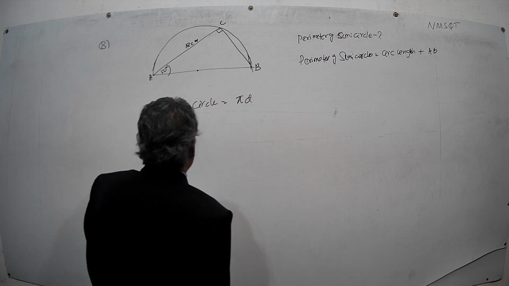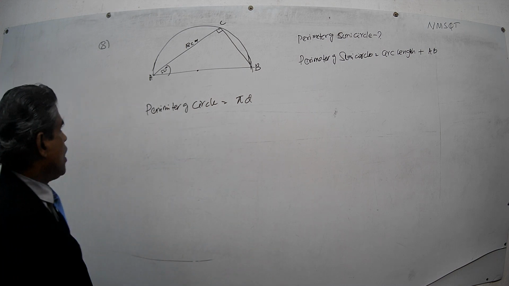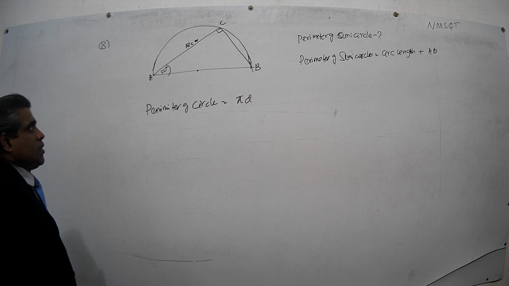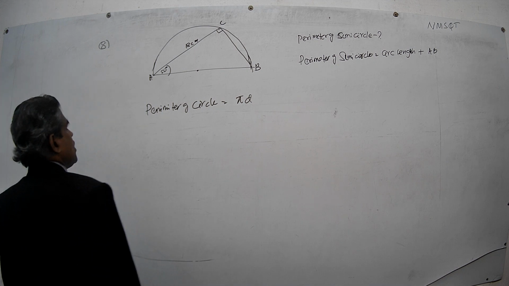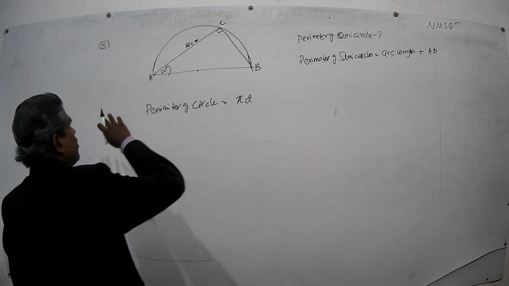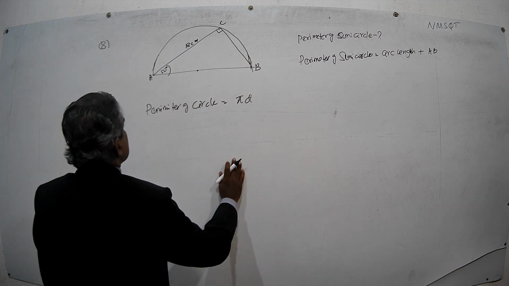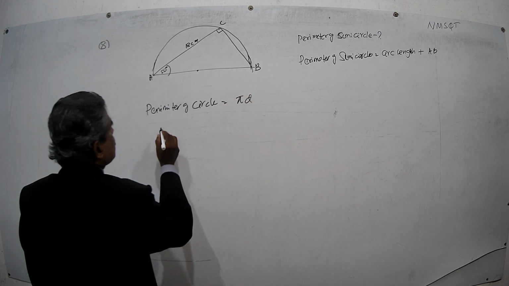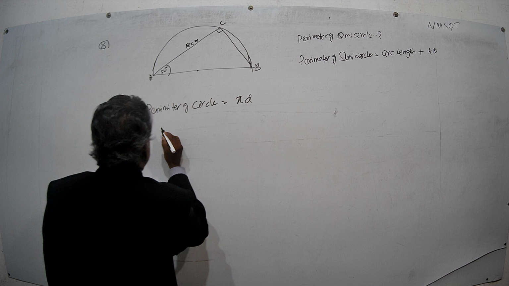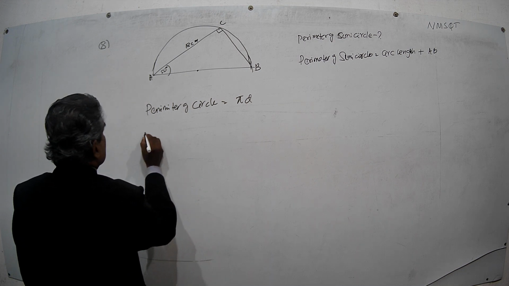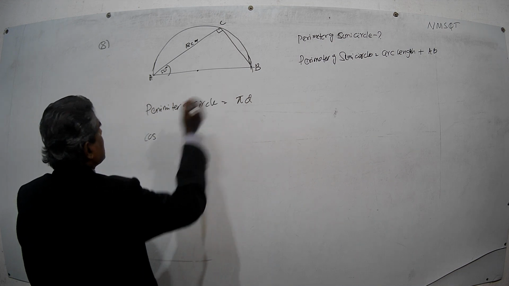You can apply SOH CAH TOA, right? Cos is adjacent side over hypotenuse. We will first find the length of AB.